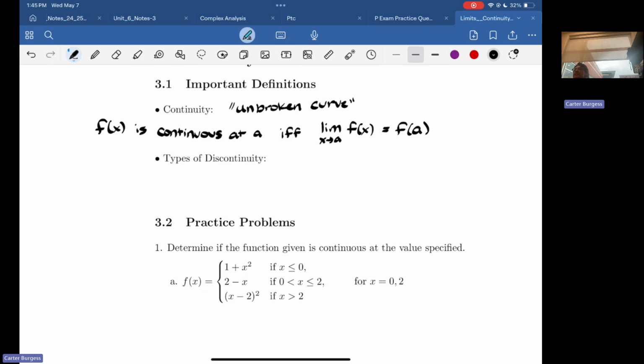Which is to say, if we can immediately do direct substitution with the point, then our function's continuous. That's the TLDR, although we have to be a little bit careful about that.